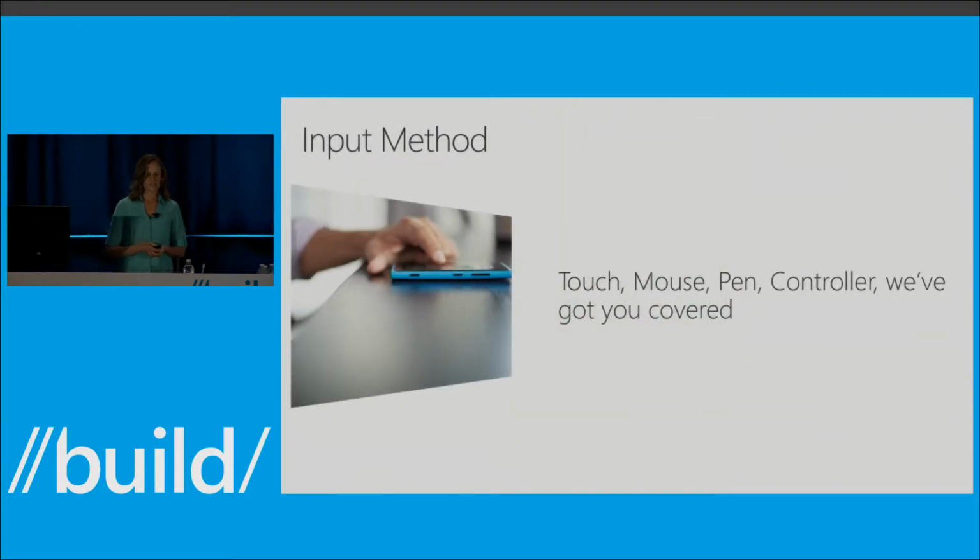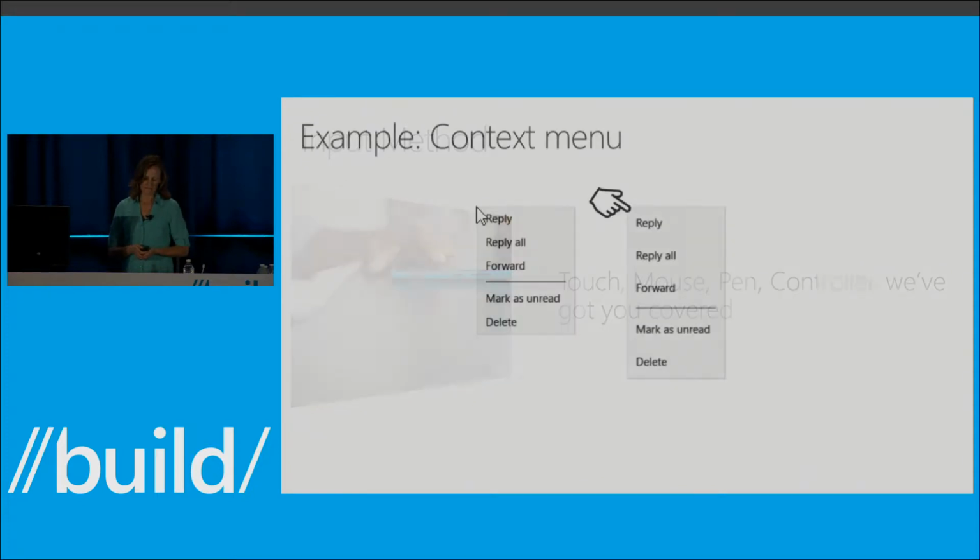All right, so we've talked about how the common controls scale across the form factors. Let's now move on to talking about input method. Some of the controls will react directly to how they were invoked. In this example for the context menu, what you see on the left is that this control was invoked via a mouse.